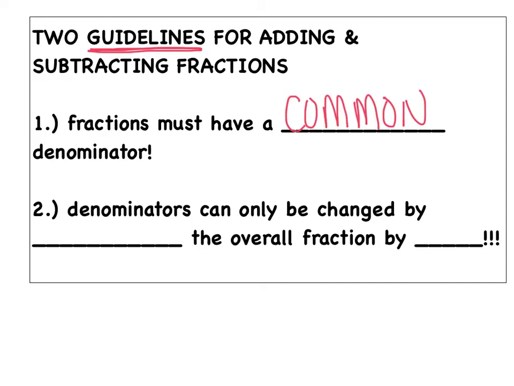And number 2, our denominators can only be changed by multiplying the overall fraction by a value of 1. And that's what we're going to keep going back to. It's not necessarily going to look like a 1, but it's ultimately going to have a value of 1 every time we multiply.